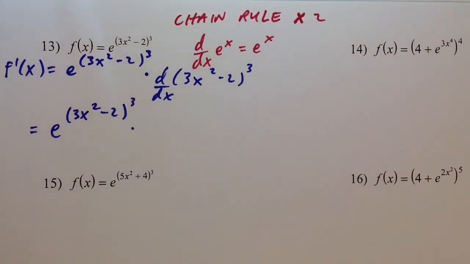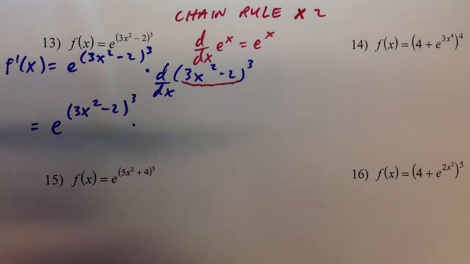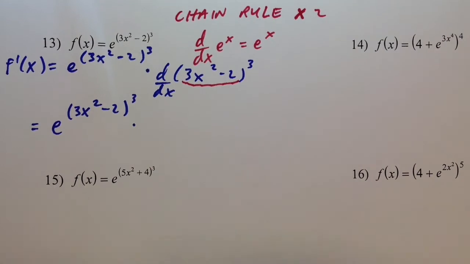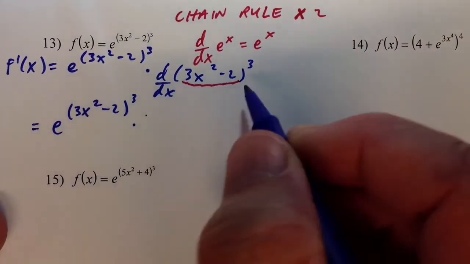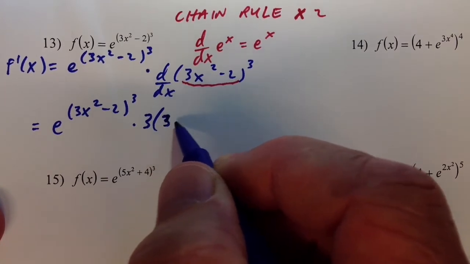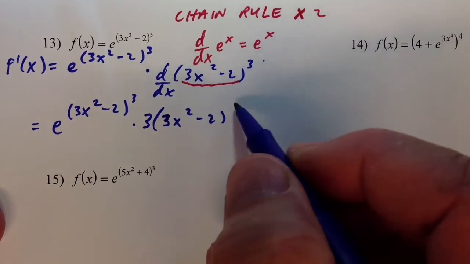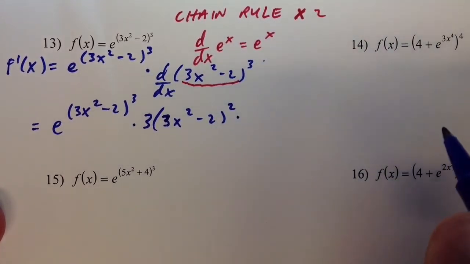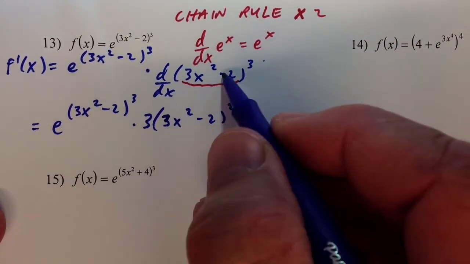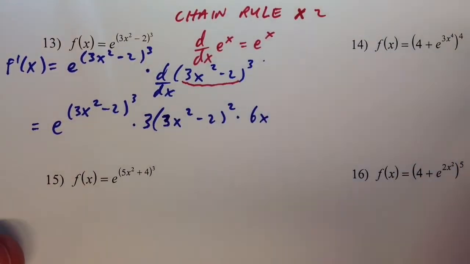So you've done this plenty of times. We use the power rule here: 3 times the inside, which is 3x squared minus 2, raised to the 3 minus 1, which is 2. And then again, multiply that by the derivative of the inside, which is 6x. And that's it.